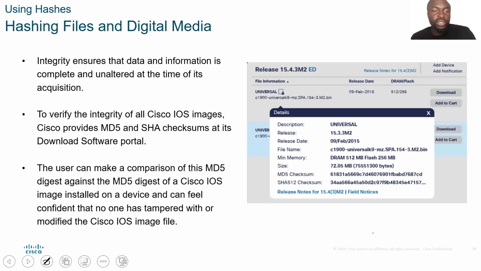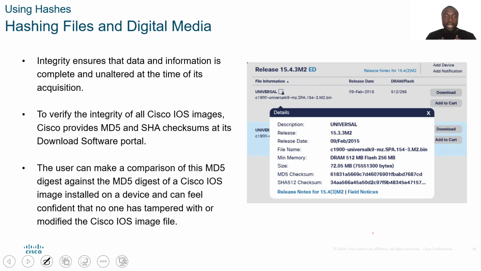Integrity ensures that data and information is complete and unaltered from its acquisition, which means from the time you are sending to the time you are receiving, nothing alters. So to verify the integrity of all IOS images, Cisco provides MD5 and SHA checksums, downloaded at the portal.